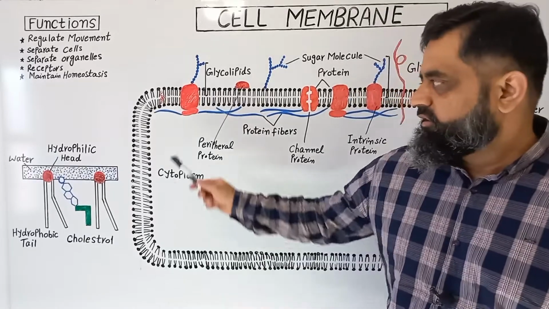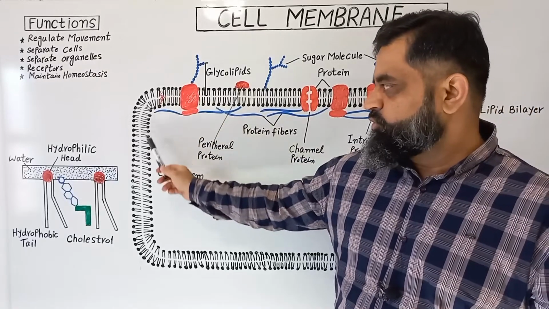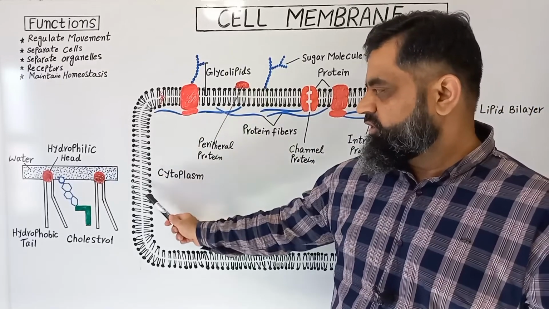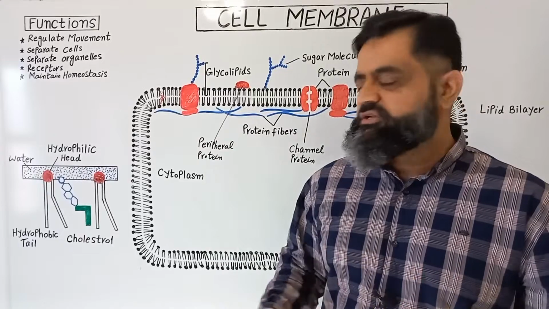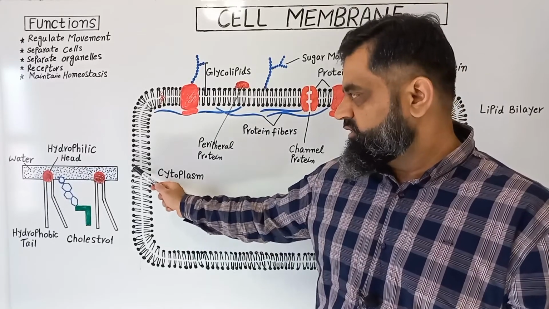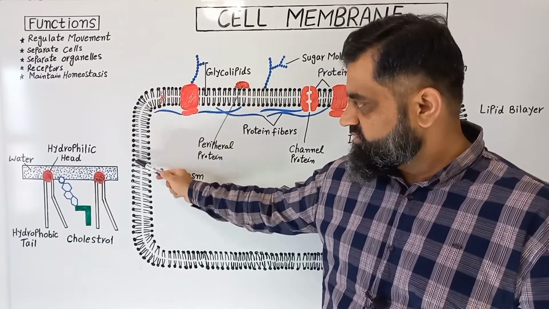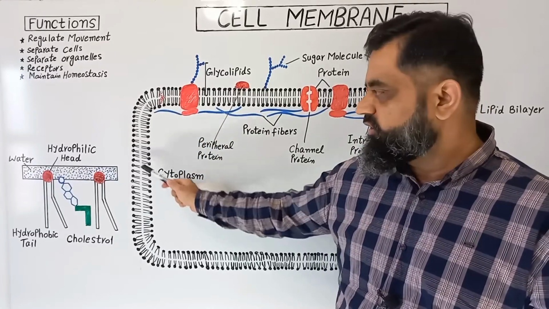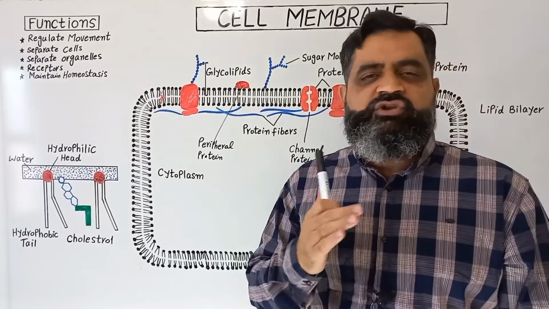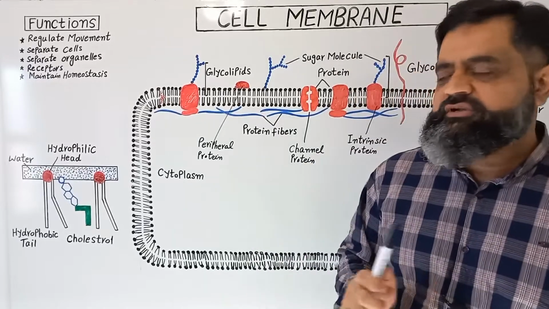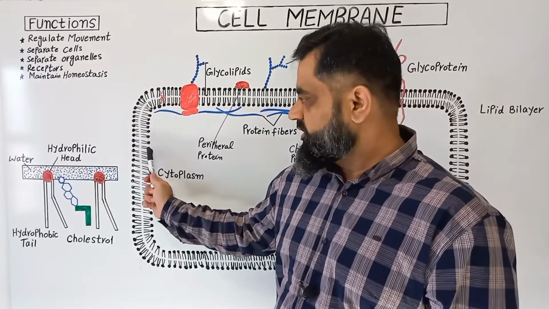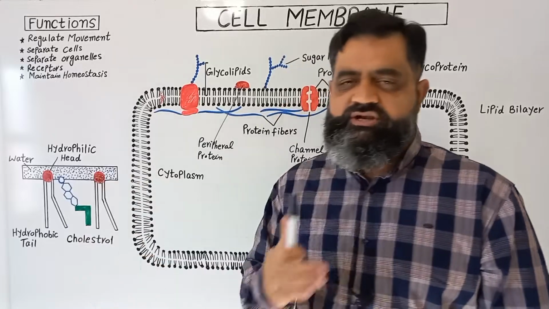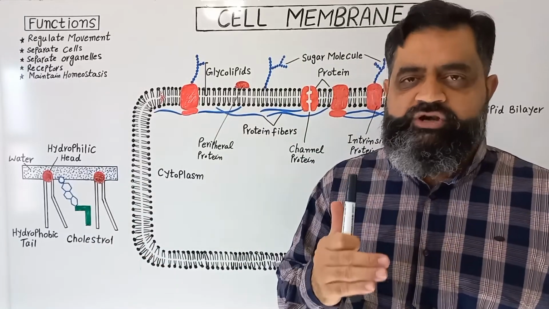If you look at the surface of the cell membrane, there is one type of molecules which are oriented toward each other. These are known as phospholipid molecules. As you can see, this is a single layer, and this is another layer of the lipid molecule. These are known as phospholipid bilayer. So I have taken a small piece of plasma membrane or cell membrane right over here to understand the structure in more detail.